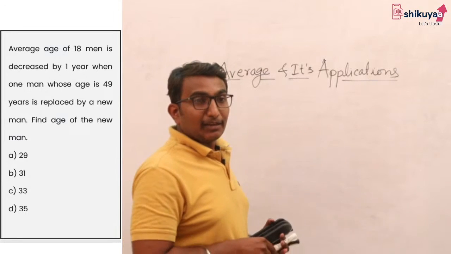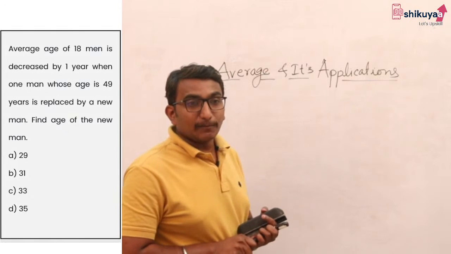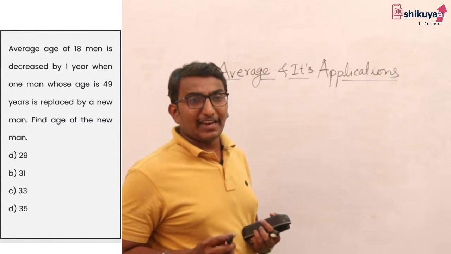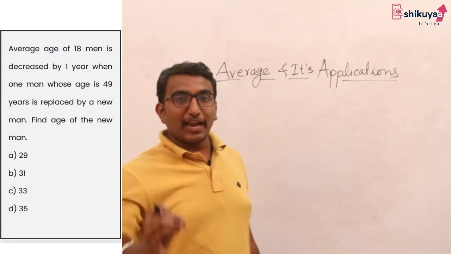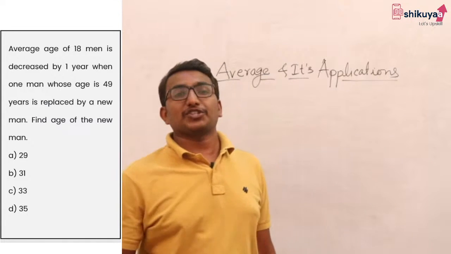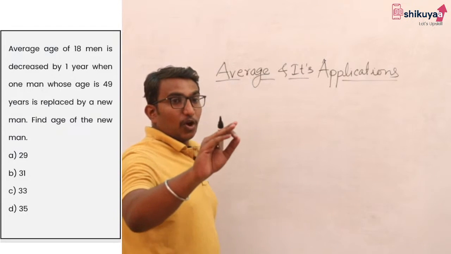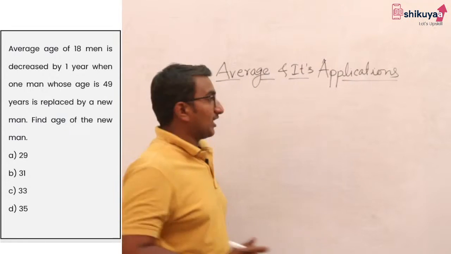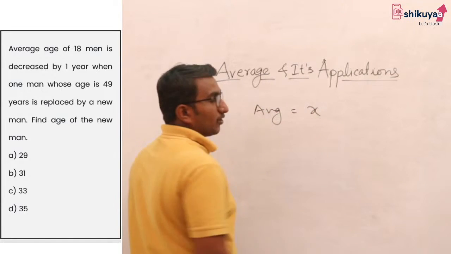The average age of 18 men is decreased by one year when one man whose age is 49 years is replaced by a new man. Let us try to understand. We have to form a simple equation to find the solution of this problem. Average age of 18 men, we don't know what the average age is. So let us take the average age to be x.